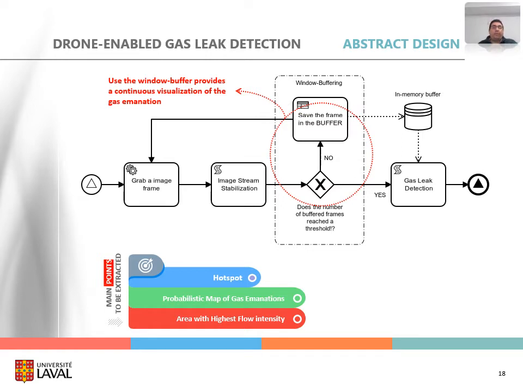So we retrieve a frame, stabilize it, and then keep it in a buffer until the number of frames reaches a certain threshold, and then we pass the whole batch to the gas leak detection algorithm presented in this study in order to be processed and extract the features and points that we want, which are hotspots, a probabilistic map of gas emanations, and the area with the highest flow intensity.